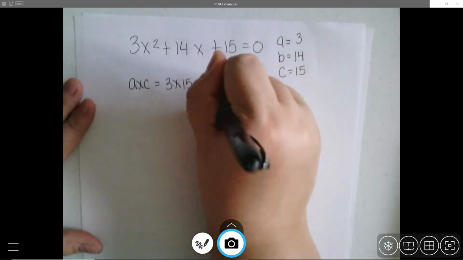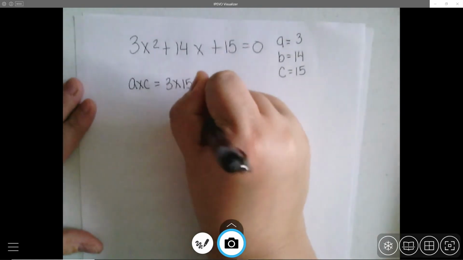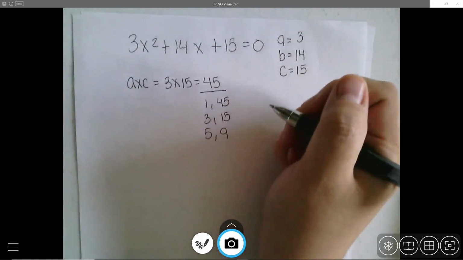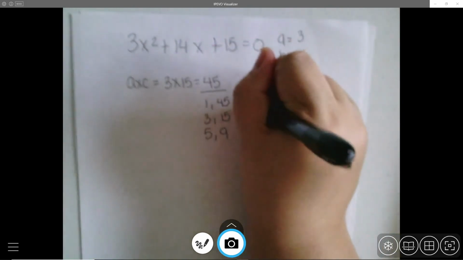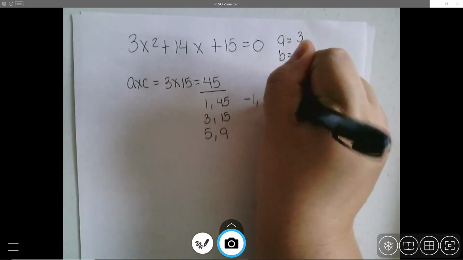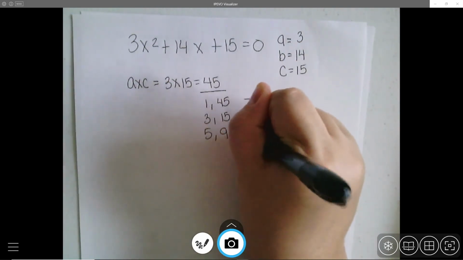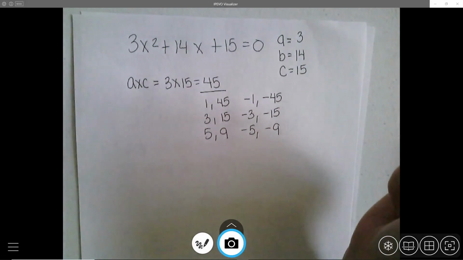So 1 and 45, 3 and 15, 5 and 9. Now, I'm going to write them both negative. Negative 1, negative 45. Negative 3, negative 15. Negative 5, negative 9.